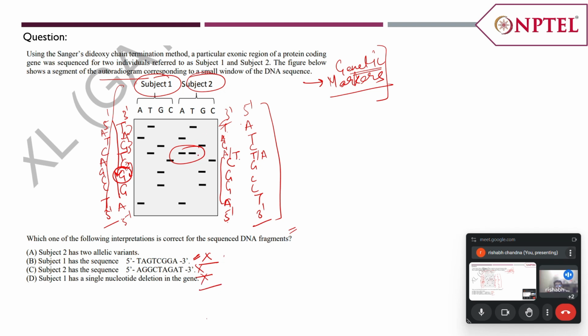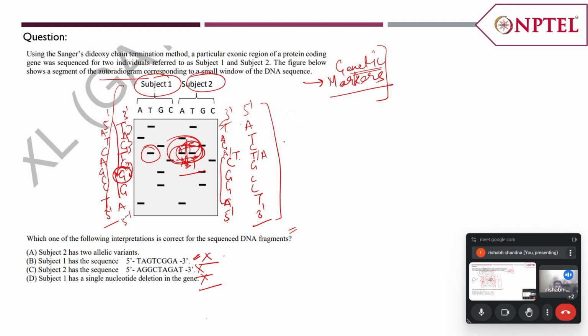Now, as you can see in subject 2, both the probabilities are there that at this position both A and T can be present. Okay, so that means that it can be an allele variant of this particular gene, where in this individual T is present and in this individual both A and T can be present with equal probability.